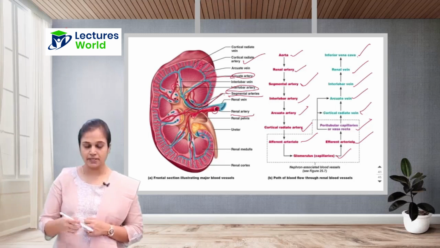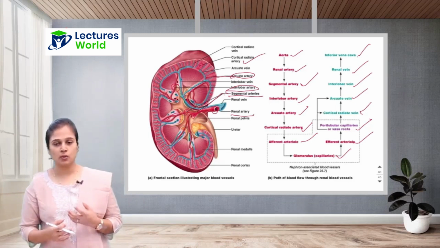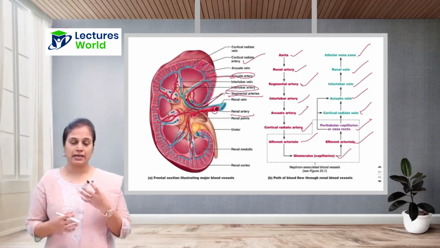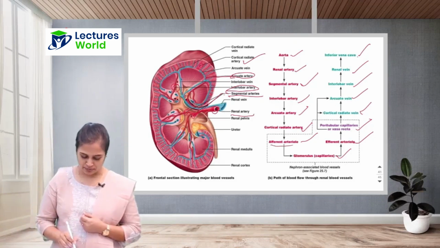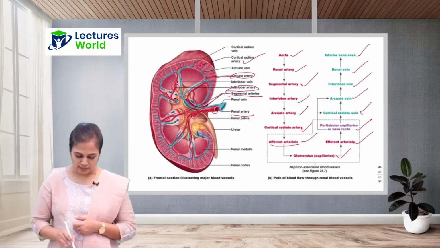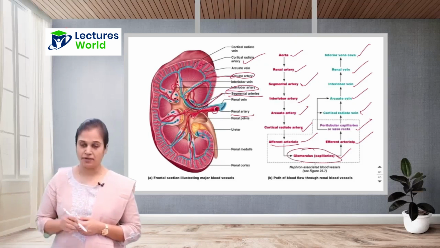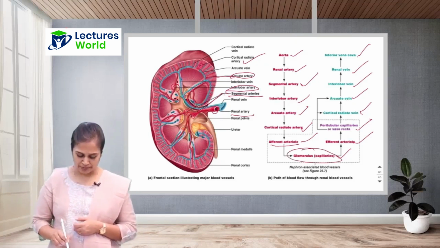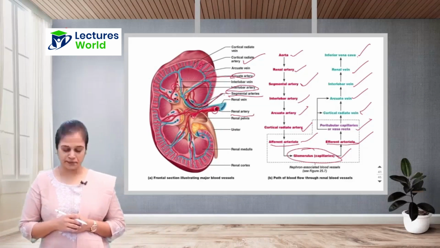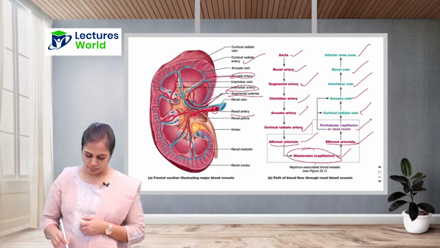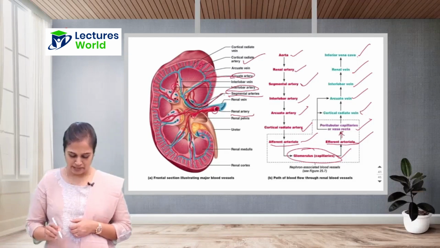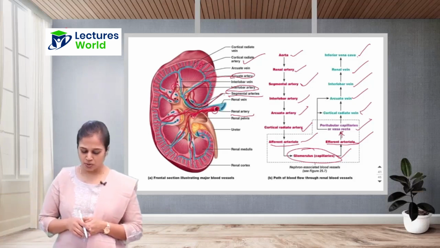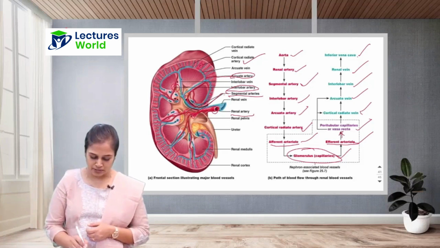From the cortical radiate artery, as we have seen in the glomerulus, it converts into the afferent arteriole, then goes into the glomerular capillaries, and from the glomerular capillaries it exits into the efferent arteriole. From the efferent arteriole, blood drains into the vasa recta, and from the vasa recta it goes into the cortical radiate vein.